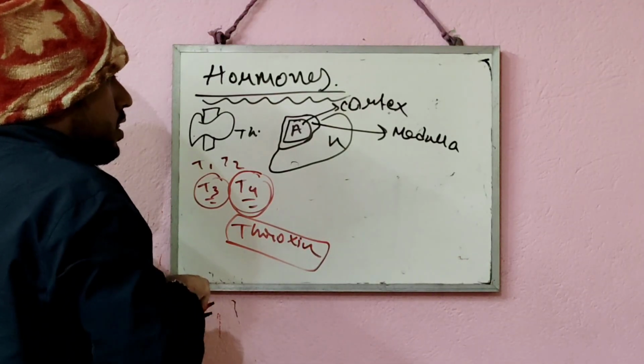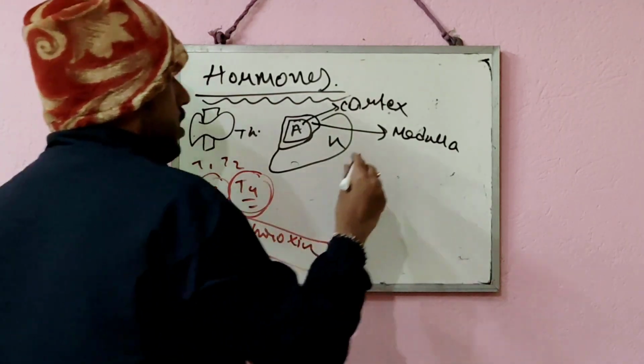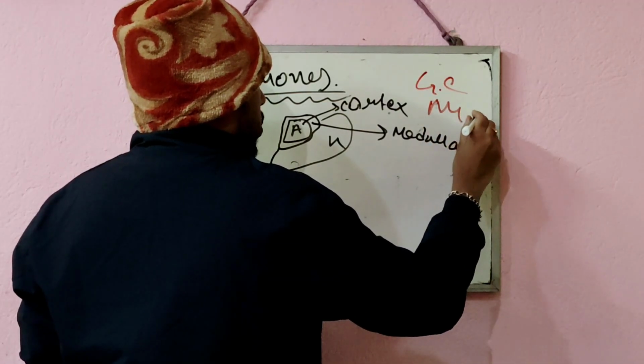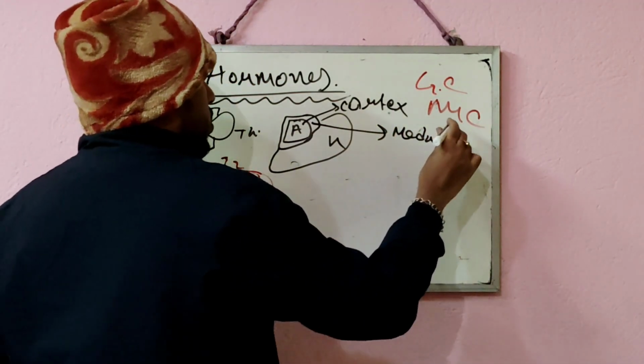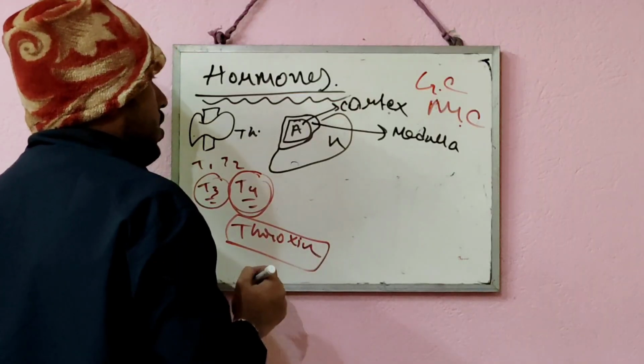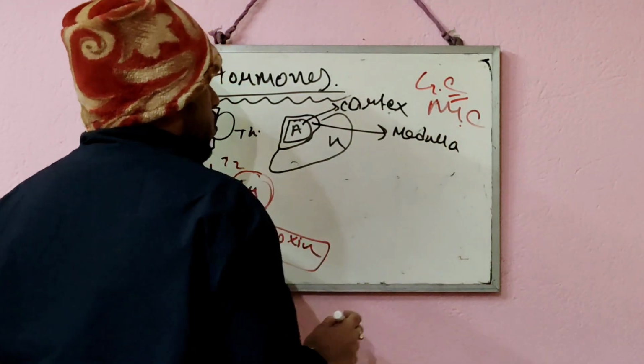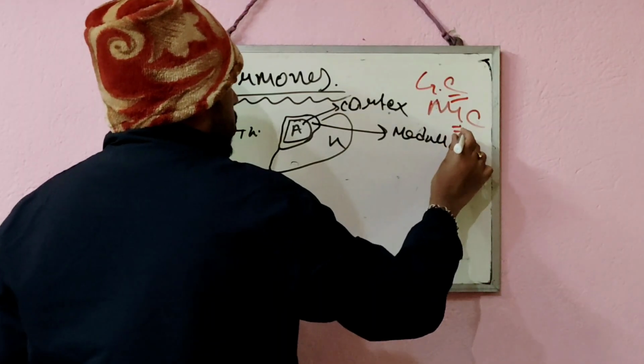From the cortex, generally glucocorticoids and mineralocorticoids hormones are secreted. So from the cortex part of the adrenal gland, generally two types of hormones are secreted out, that is glucocorticoids and mineralocorticoids.